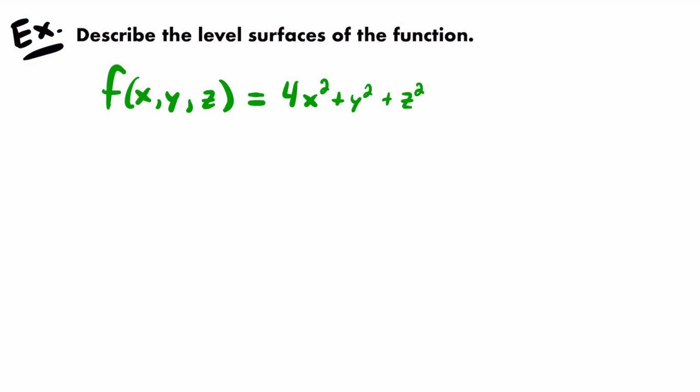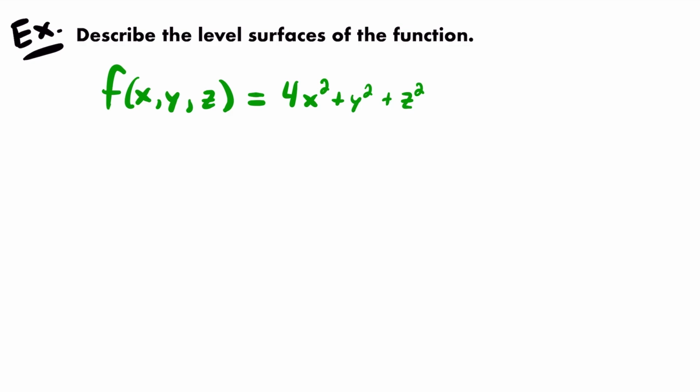Okay, so in this case, level surfaces are the result of setting the multivariable function equal to different constant values c. Right? It's the same idea for our level curves, it's just extended to another dimension. And because of that, we're not really interested in sketching a contour map here. That would be pretty difficult and ultimately not worth our time because we don't really know how to visualize a 4-dimensional object anyway.